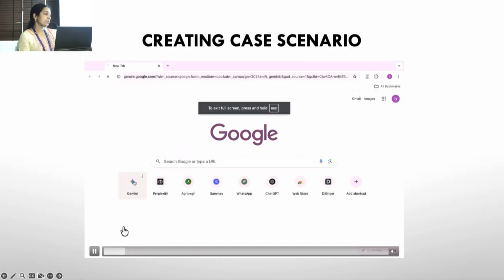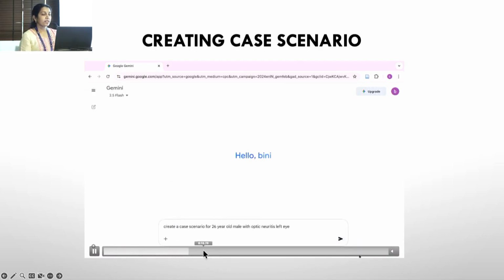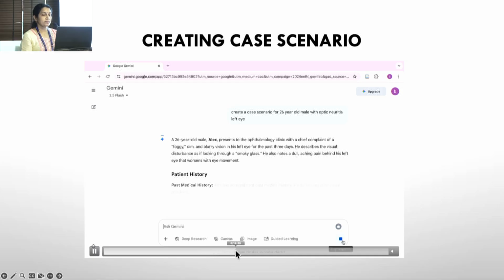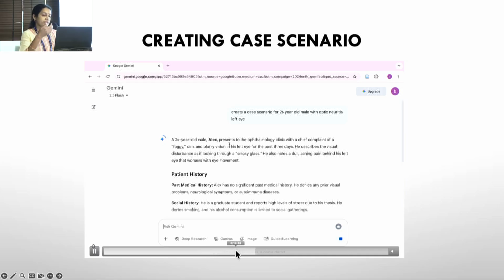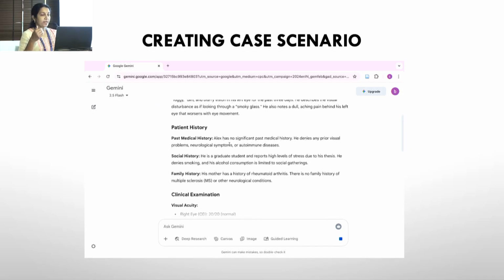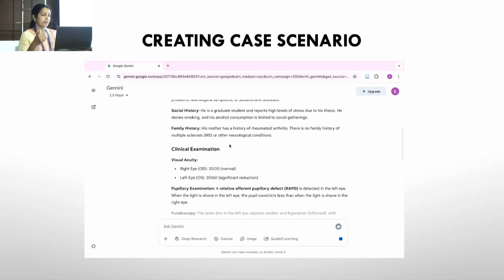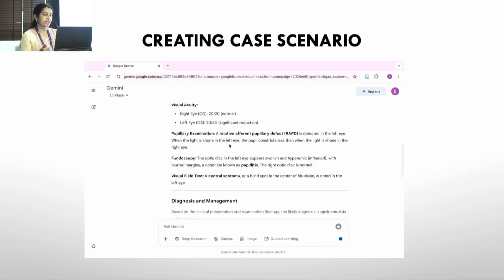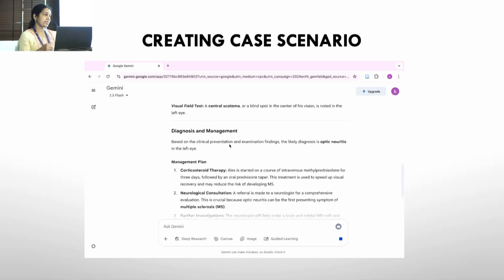The tool I am using is Gemini. I am giving the prompt. AI is giving back all the details of a patient of optic neuritis like history, examination findings, diagnosis, management and even follow-up.